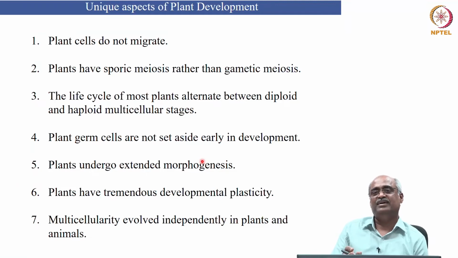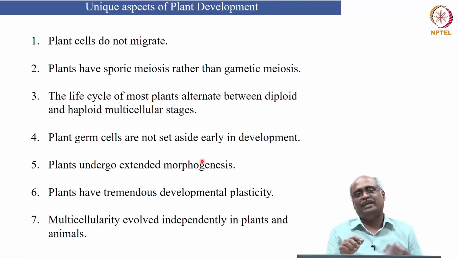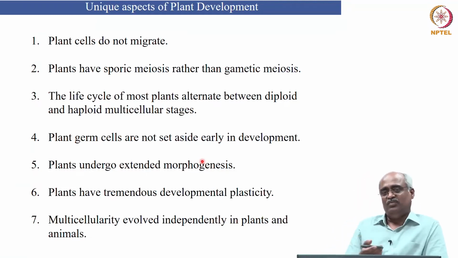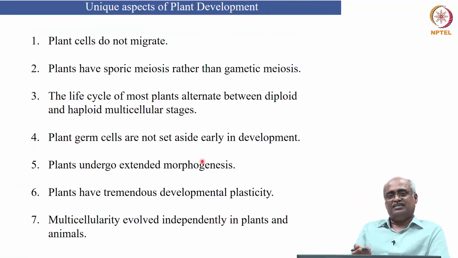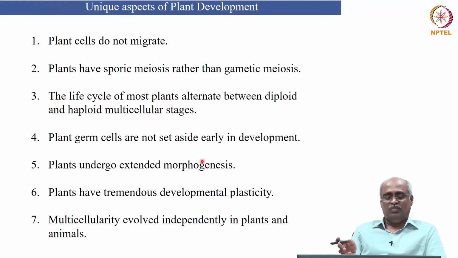It is not that morphogenesis happens only during embryonic development. As a contrasting example, if you take human development, by the time you are born, your development in the sense of morphogenesis is complete. Okay, all the body structures are already formed and they only grow up later.